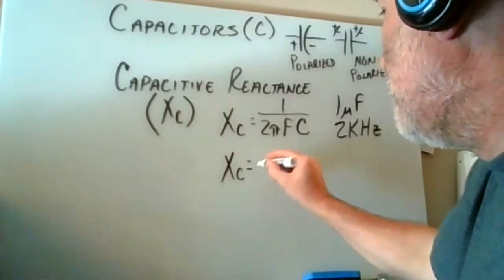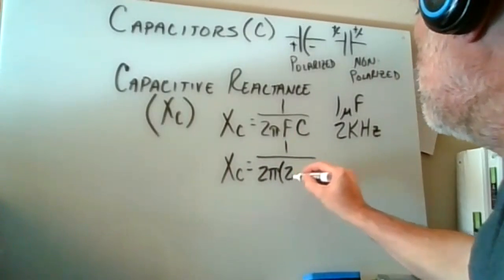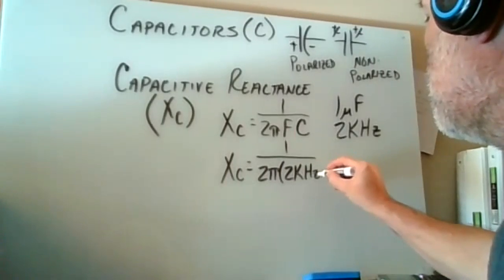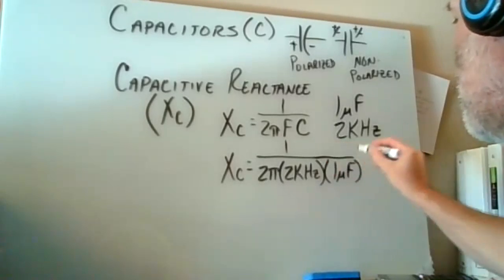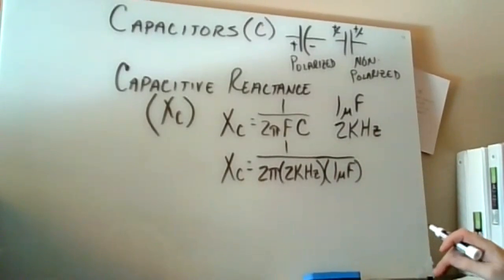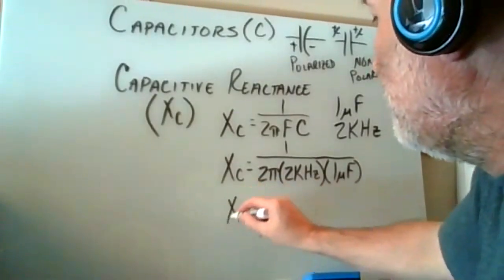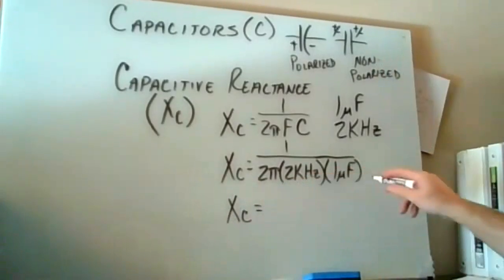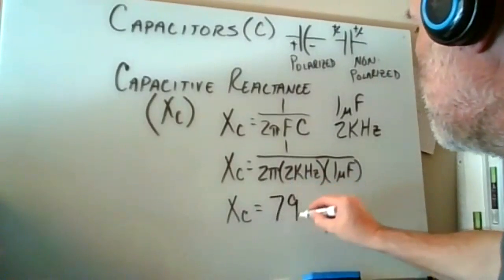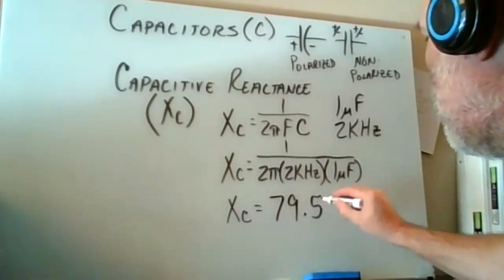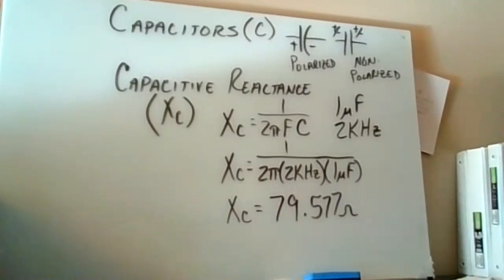I would just simply plug it in. 1 divided by 2 pi times 2 kHz times 1 microfarad, because 1 microfarad is my capacitance. If I multiply all these together and then say shift reciprocal, I should get 79.577 ohms.